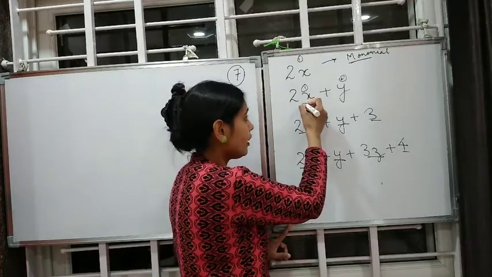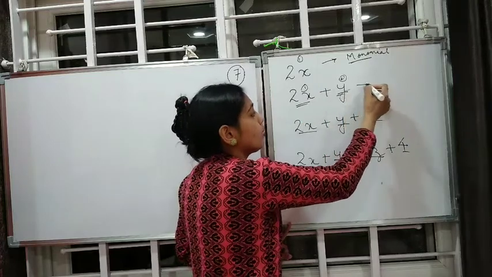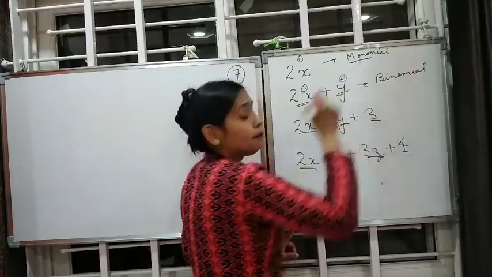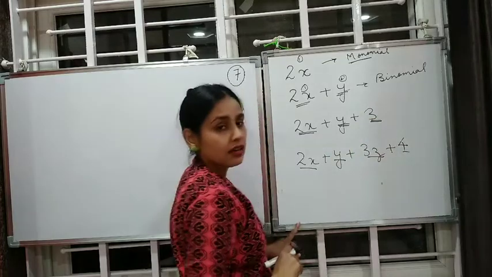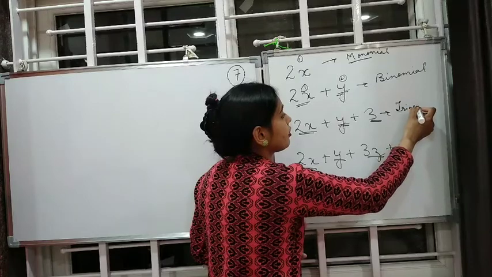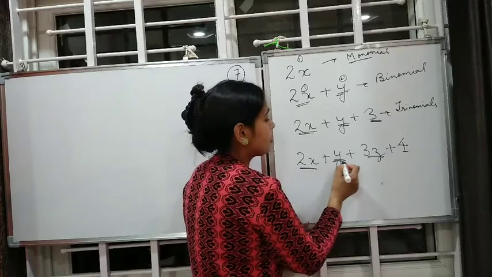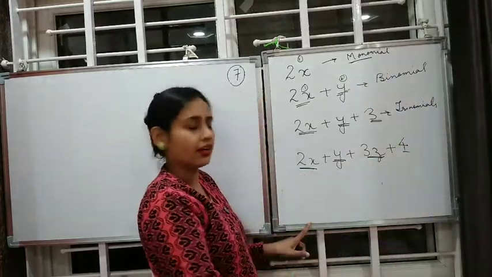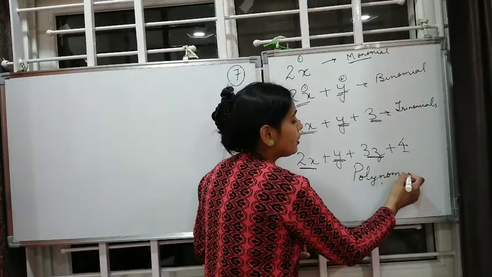Then the expressions with two terms are named binomial. Then the expressions with three terms are named trinomials. Similarly, expressions with more than 3 terms, that is 4 terms, 5 terms, 6 or infinite terms, are called polynomials.